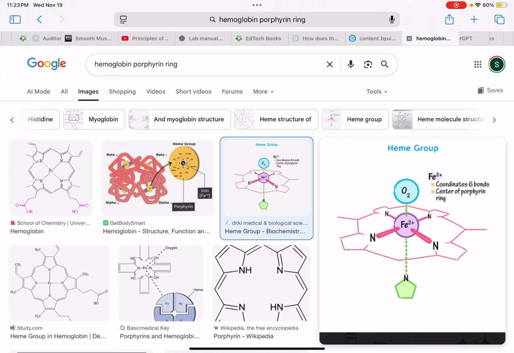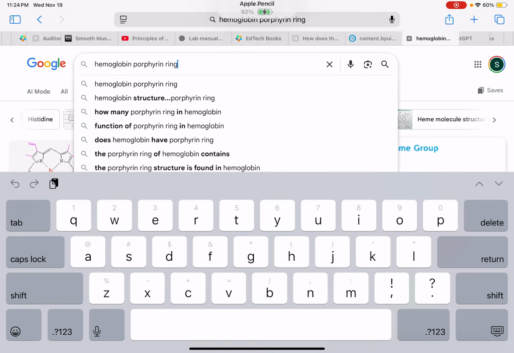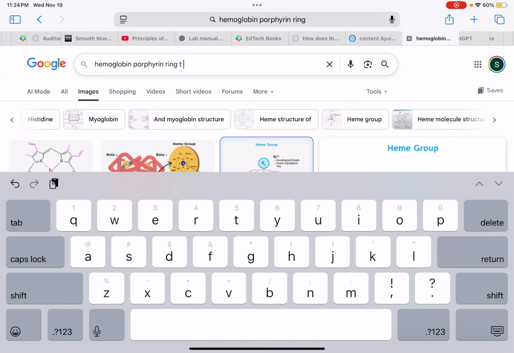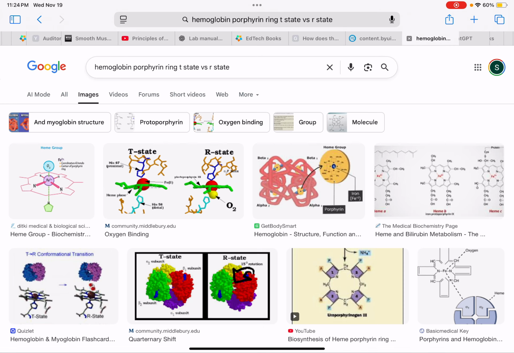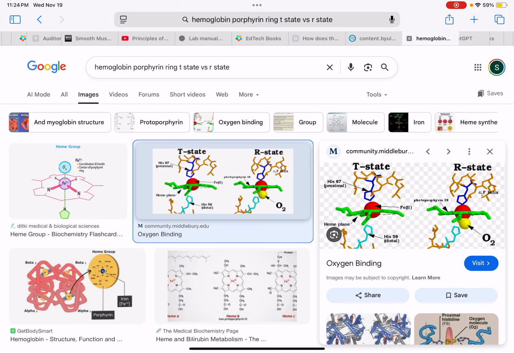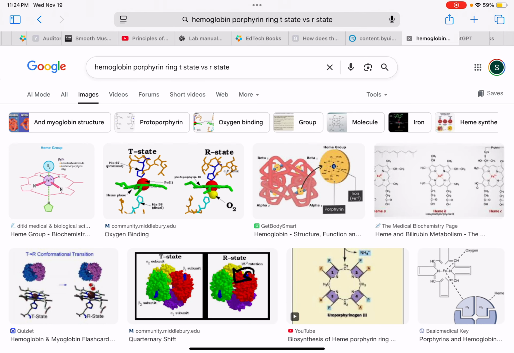That ring has an iron in the center, and when that iron is relaxed, oxygen can bind to it. Now, let me show you what the T state versus the R state would look like. So that picture was showing the R state. Here we go. Here's a good picture. Actually, I don't like that. Let me see if I can find a better one.